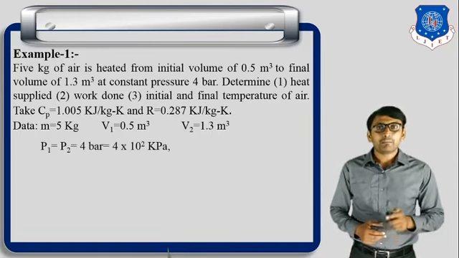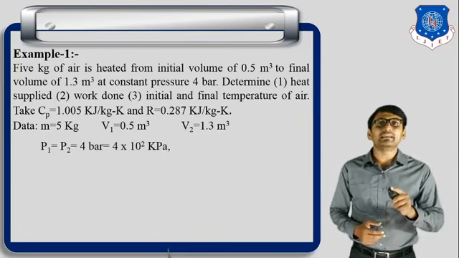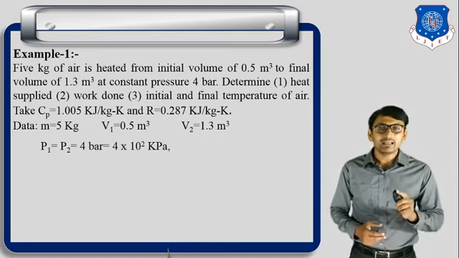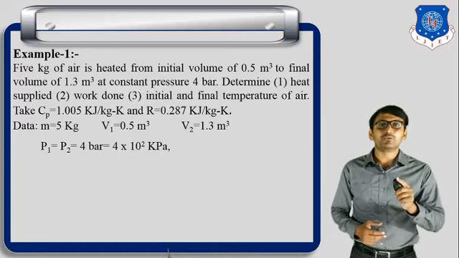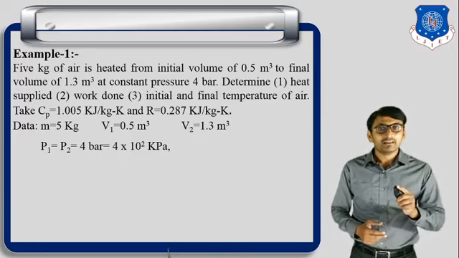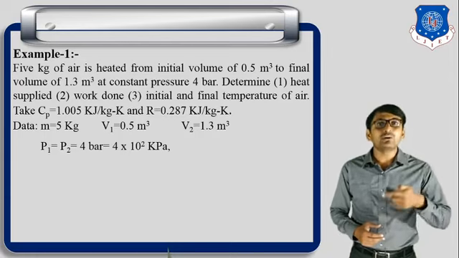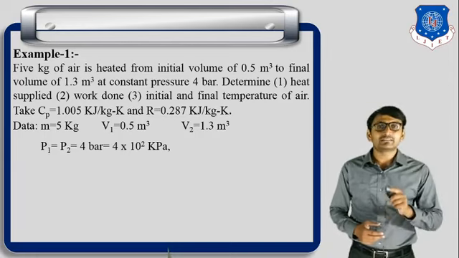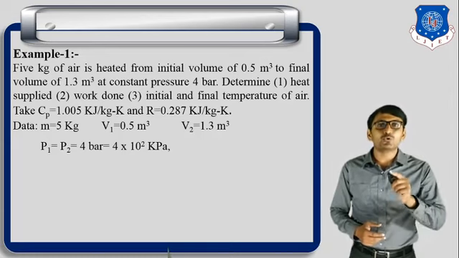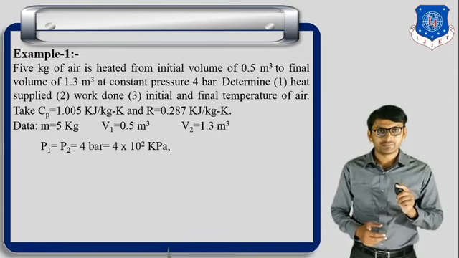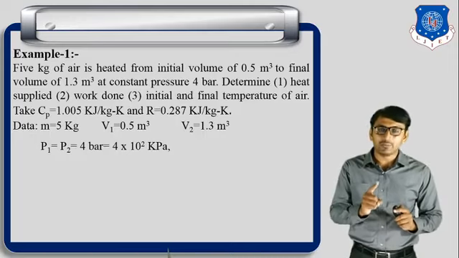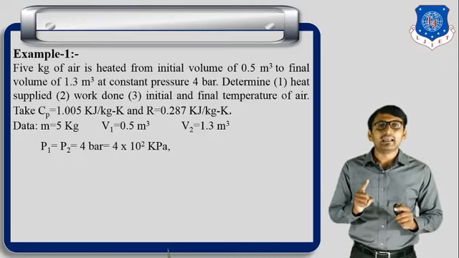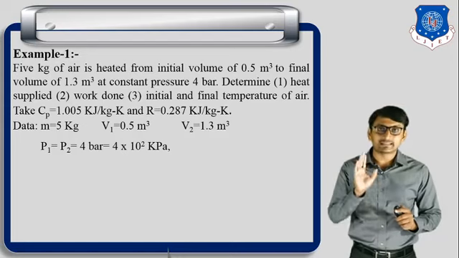Then pressure P1 is equal to P2, because this is a constant pressure process, and that is equal to 4 bar. Convert bar into kilopascal, so that is 4 into 10 raised to 2 kilopascal, because 1 bar is equal to 10 raised to 5 pascal or 10 raised to 2 kilopascal.